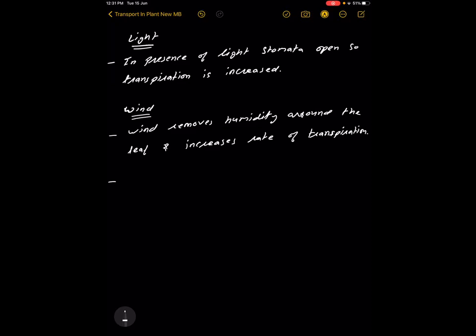Second point, high wind velocity lowers temperature also around the leaves, so transpiration is decreased. High wind velocity, or storm condition. Normal wind removes humidity mostly, so it increases rate of transpiration. But the second question is high wind velocity.